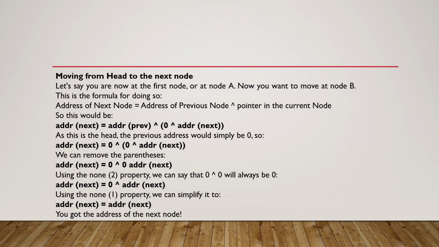So address of next is equal to 0 XOR 0 XOR address of next. We can remove the parenthesis. Using the none2 property, we can say that 0 XOR 0 will always be 0. Address of next is equal to 0 XOR address of next. Using the none1 property, we can simplify it to address of next is equal to address of next. You got the address of the next node.